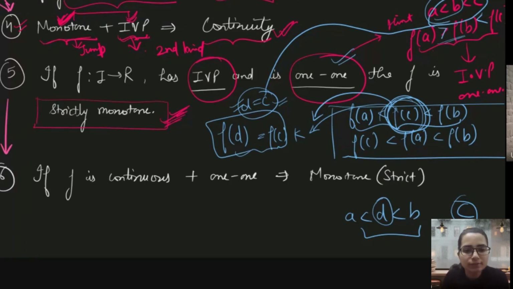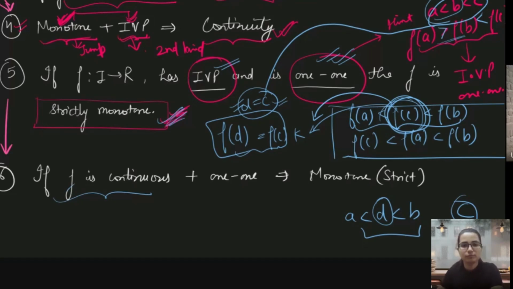So in that way, you can get the idea of this. Even if you don't get it here, you can just refer to the questions. But always remember that if a function has IVP and it is 1-1, then it is strictly monotone. Also, one thing I want to share with you: can you say anything more than this?